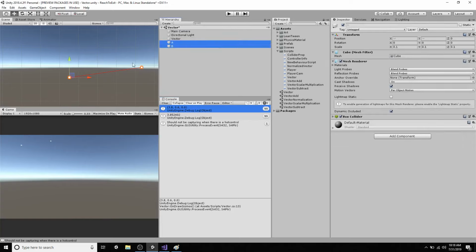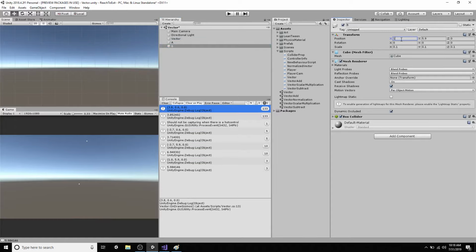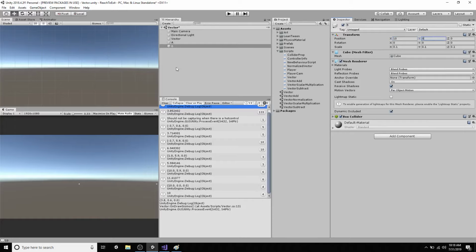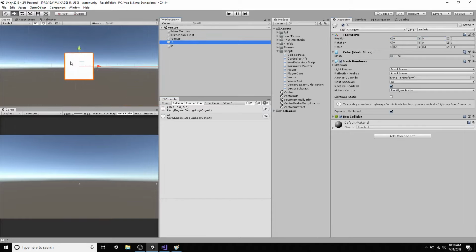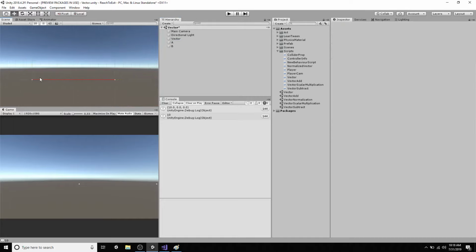So now let me move this here at 0, 0. Let's keep it 0, 0 here, and let's keep it 10 and 0. Now if you see, our vector is pointing in this direction. So we get 10 in x.